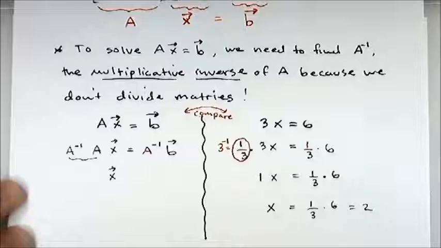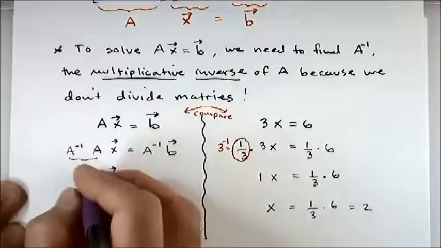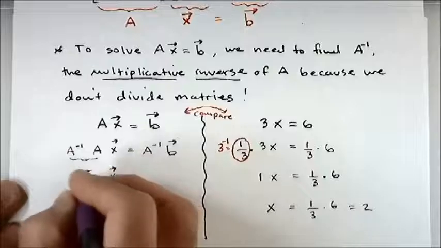The matrix equivalent of 1 is what special matrix? Identity matrix. Yeah, that's the identity matrix, which we usually just denote as I.